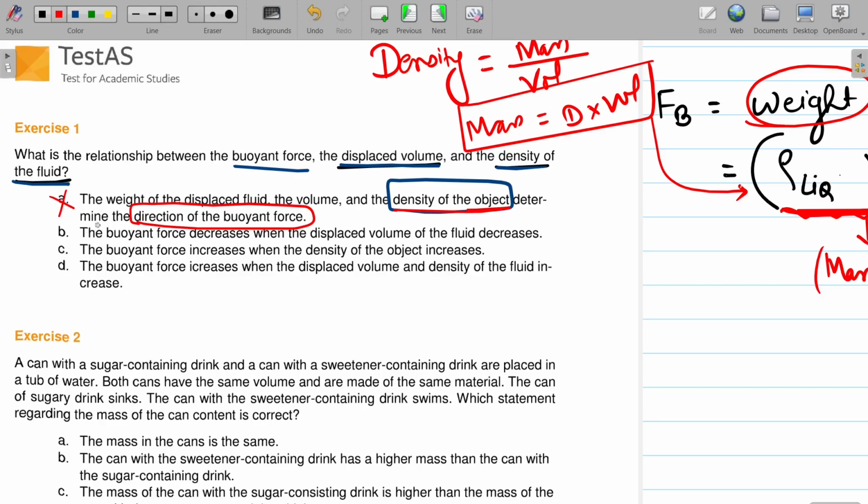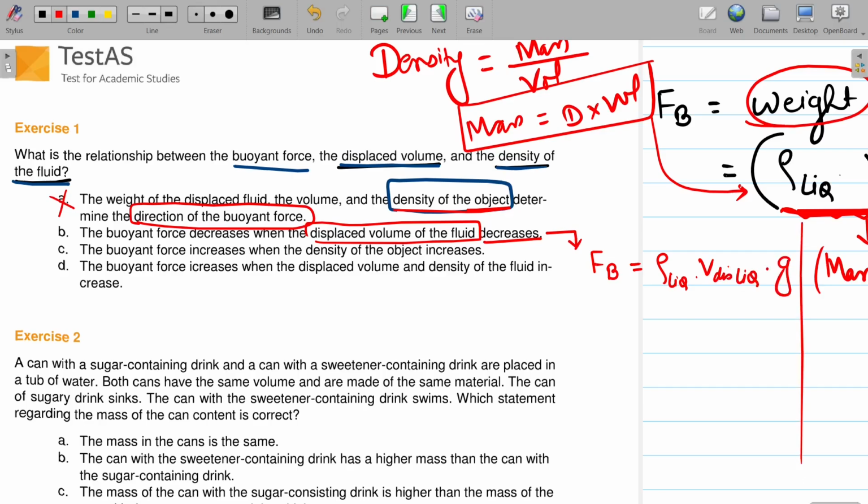The second one: the buoyant force decreases when the displaced volume of the fluid decreases, right? So what do you say? We cannot say directly on this statement that it is true. See, in the first go, you will see FB equals density of the liquid, volume of the displaced liquid, into acceleration due to gravity.